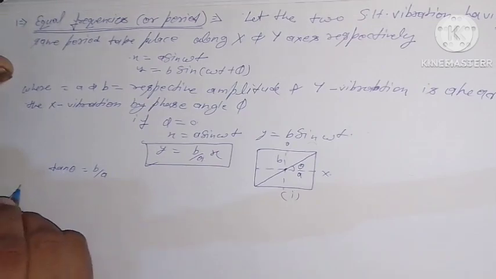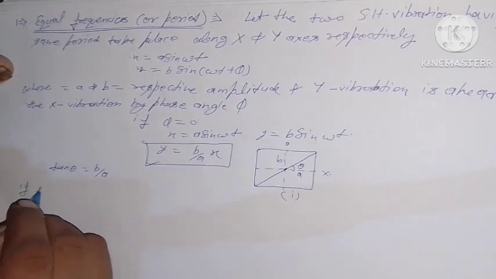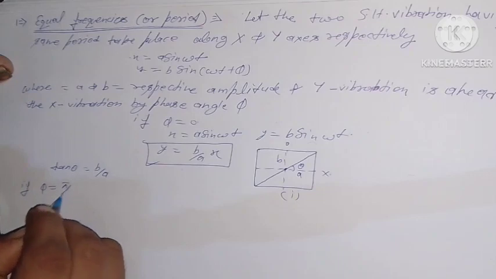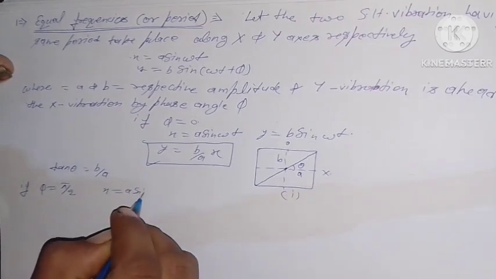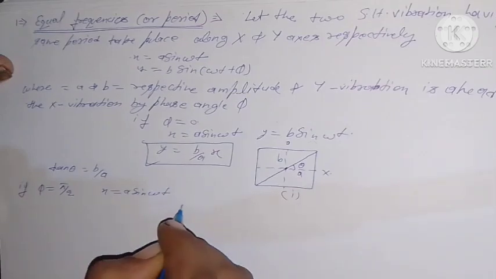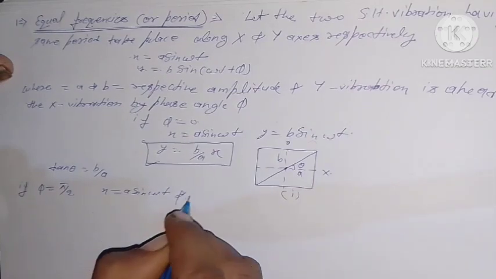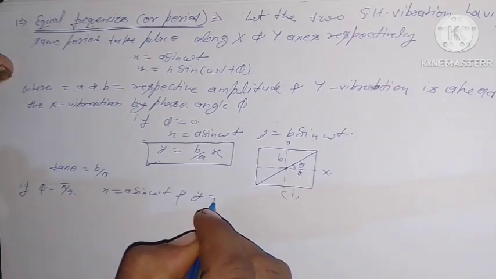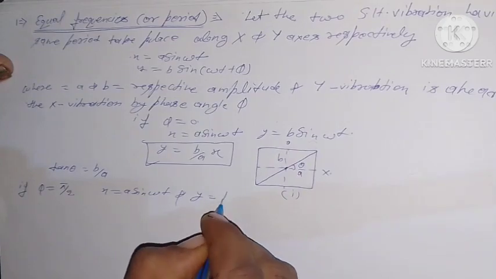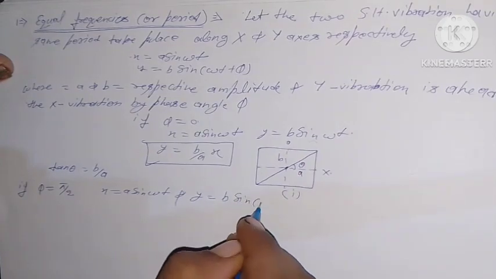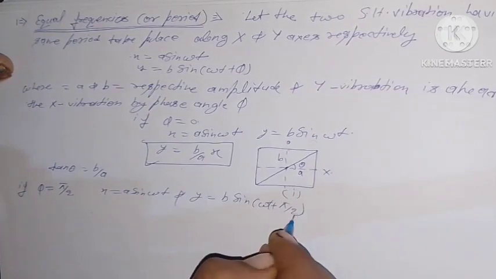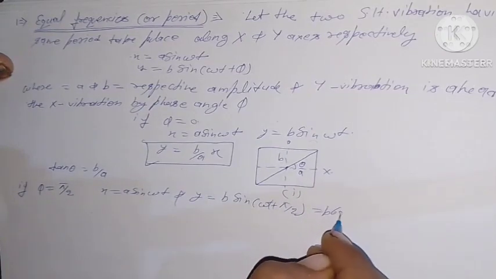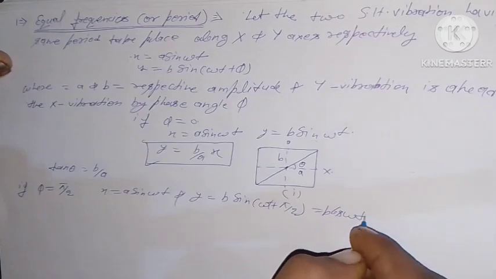If phi equal to pi by 2, then x equal to a sin omega t and y equal to b sin omega t plus pi by 2, that is b cos omega t.